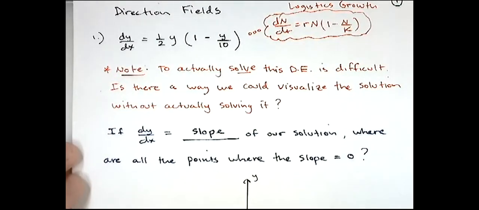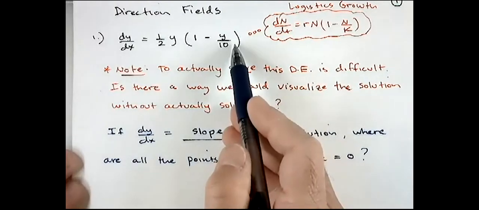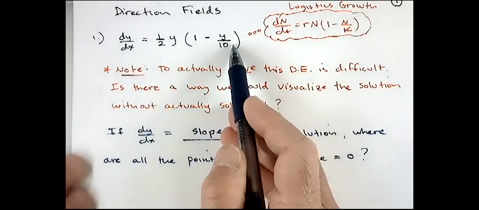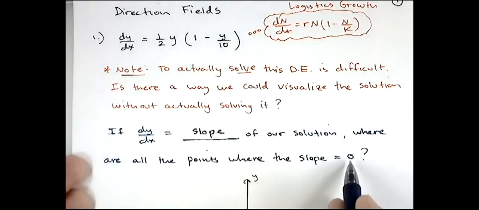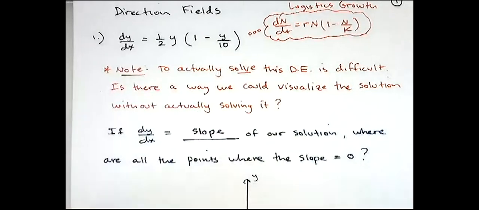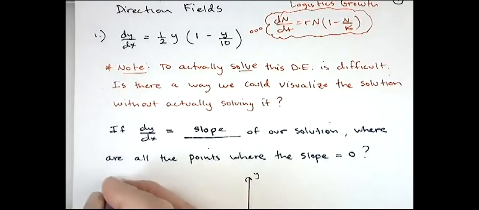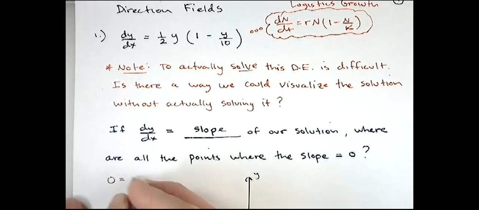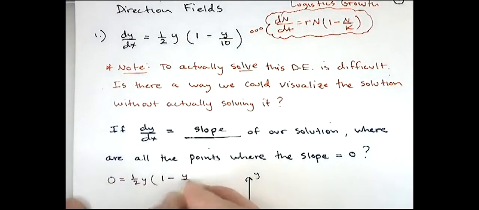And so a good place, I think, to start, if you're sketching a direction field, is to find any places where the slope is equal to 0. Right? How would I do that? Well, if this is the slope, I'm going to set this equal to 0. Maybe I can do this in purple. 0 equals 1/2 y, 1 minus y over 10.